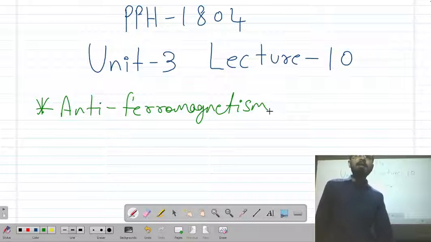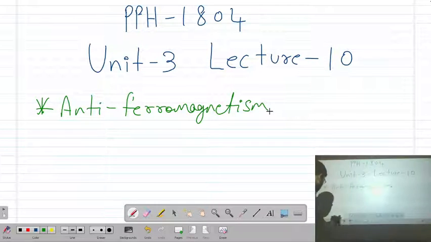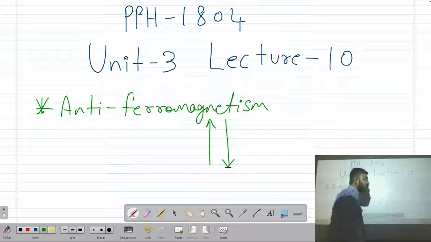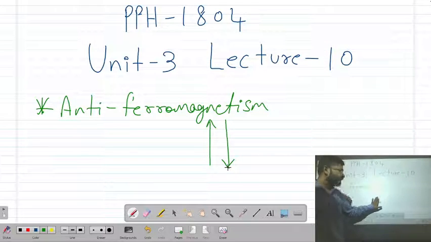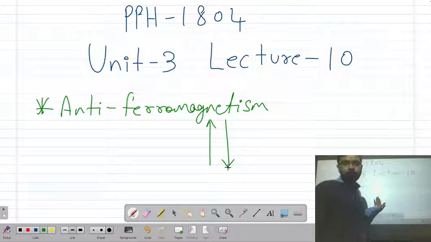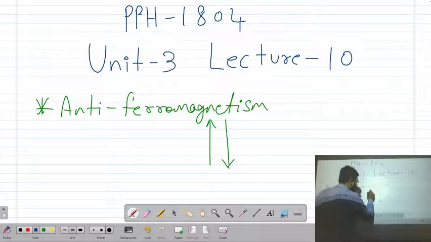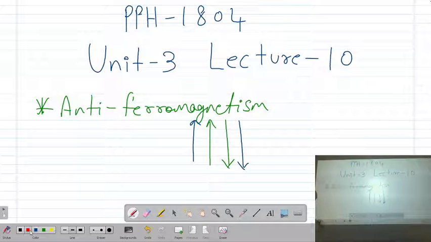In the initial lectures we discussed antiferromagnetism: if a material has the orientation of magnetic dipole moments in such a way that an equal number of dipoles are in opposite directions, then if one is in the upward direction, another will definitely be in the downward direction.